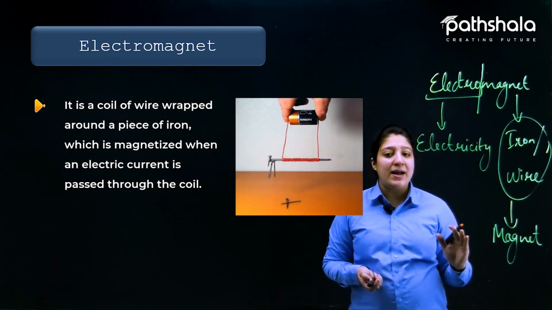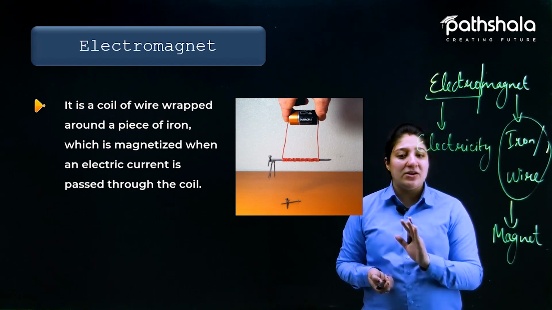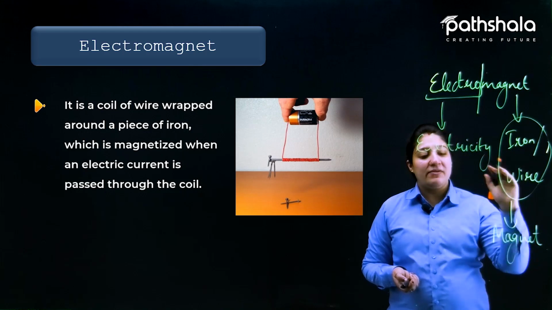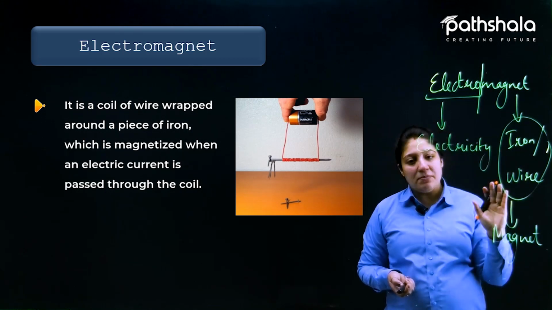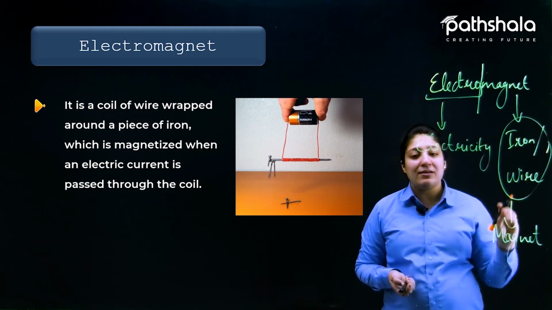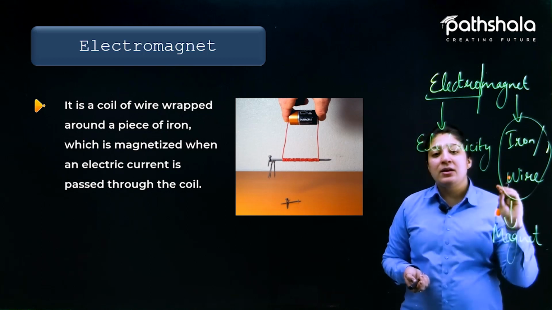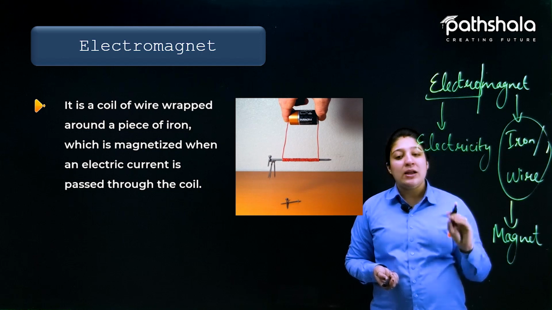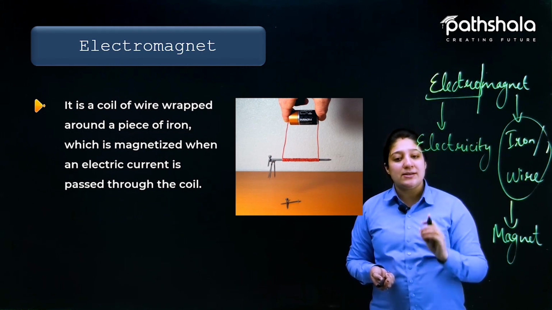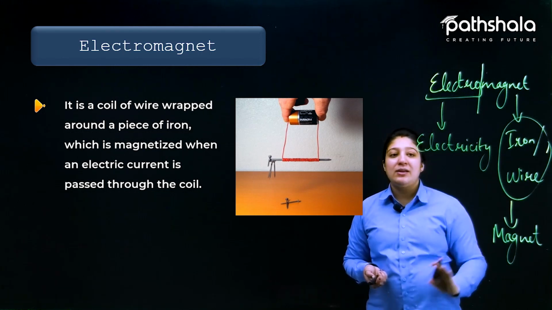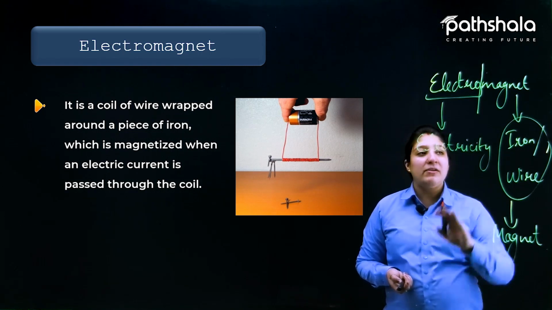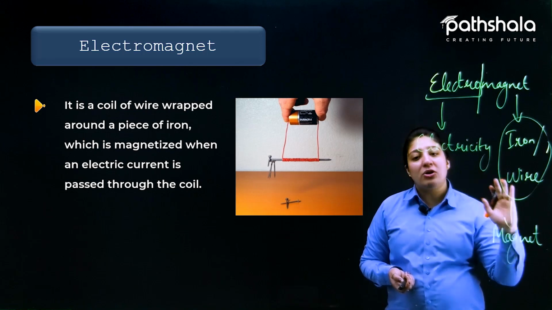You can see here in the image also. When an iron piece on which a wire is wrapped, and then the wire is connected into the circuit with the cell, and the switch is placed into the on position, the electricity will pass into the circuit and through the iron piece or the coil of wire.